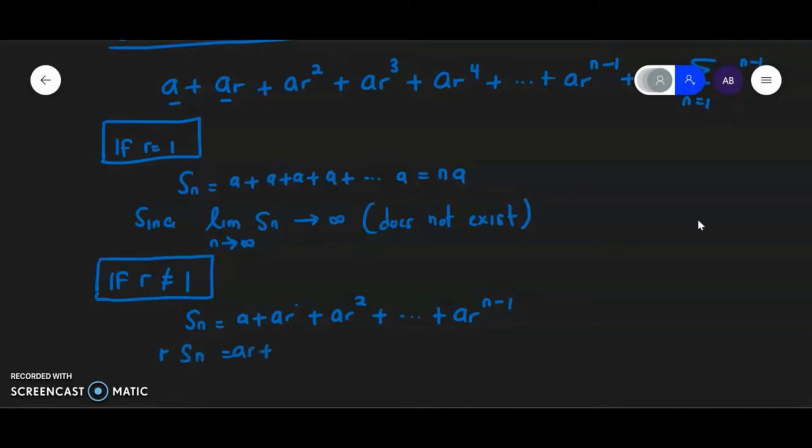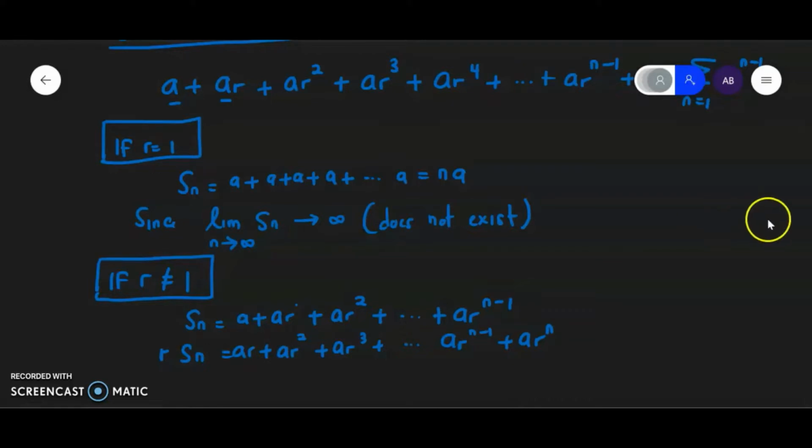We have ar plus ar squared plus ar cubed plus up to ar to the n, right? The previous term before this will be ar to the n minus 1, and multiplied with r will be ar to the n.